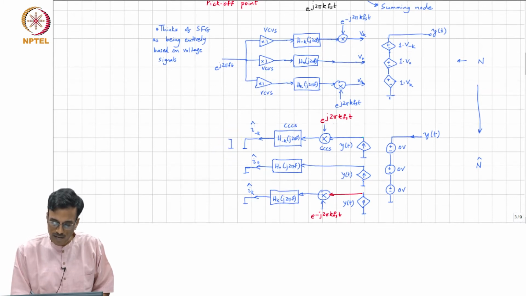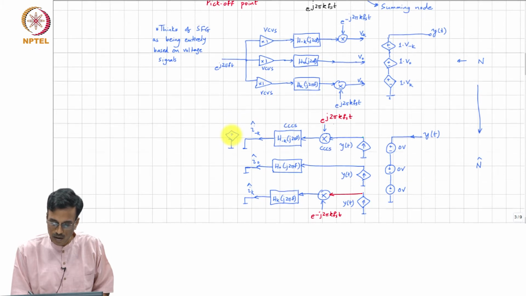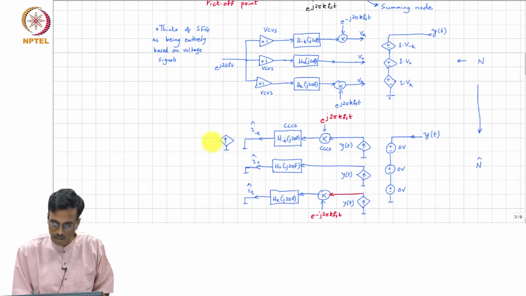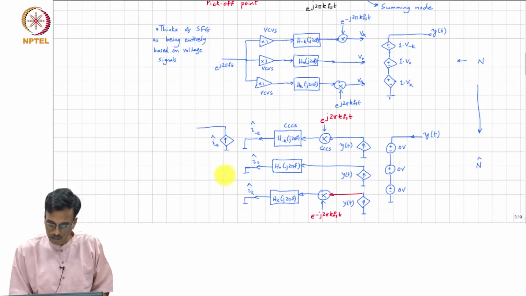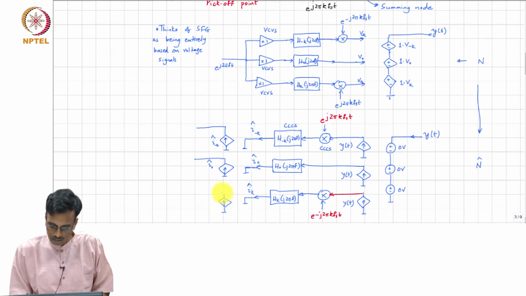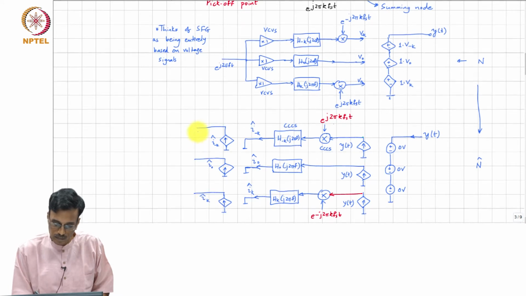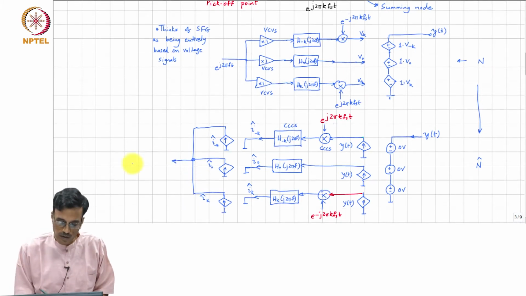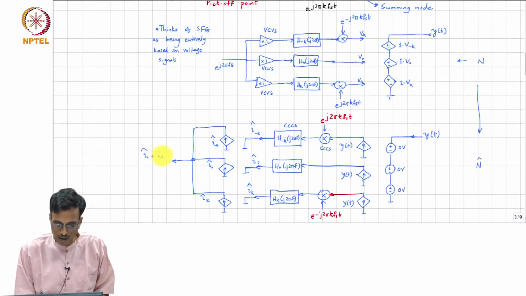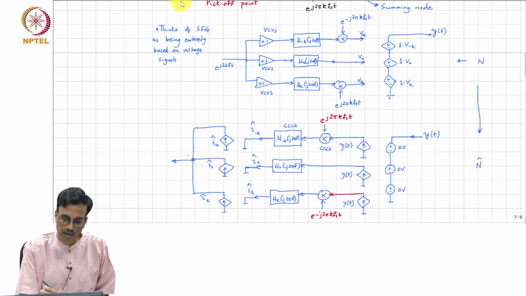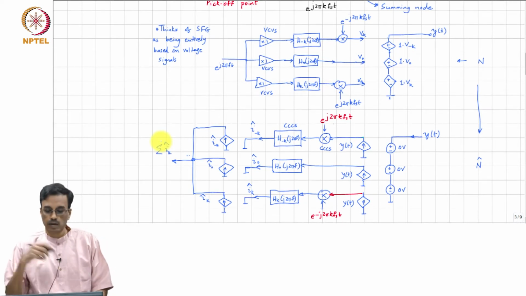And so this is basically I 0 hat plus I minus k hat plus I k hat, or I suppose it is easier to simply write sigma I k hat. Okay.